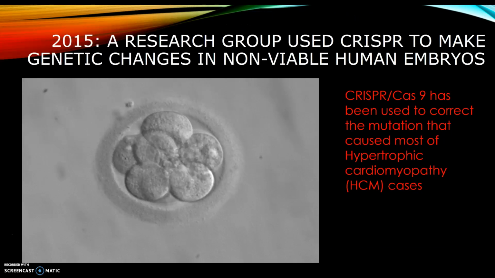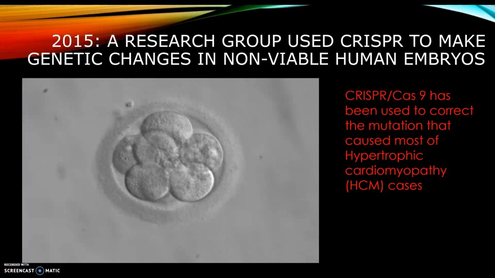I'll kind of race on in the interest of time. So in 2015, a research group used CRISPR to make genetic changes in non-viable human embryos. So this is crazy. This study was so controversial that lots of journals wouldn't even publish it.